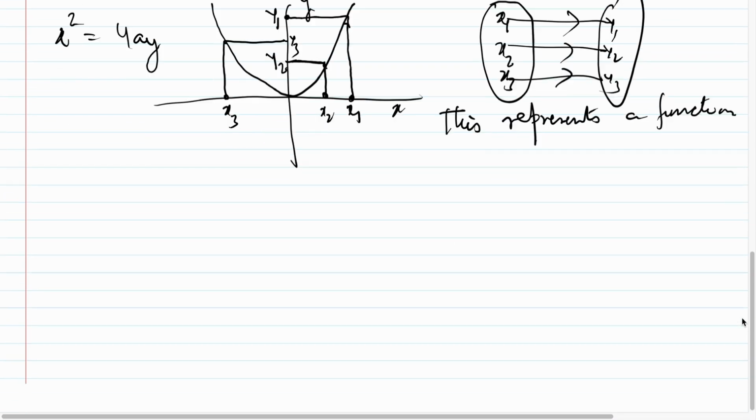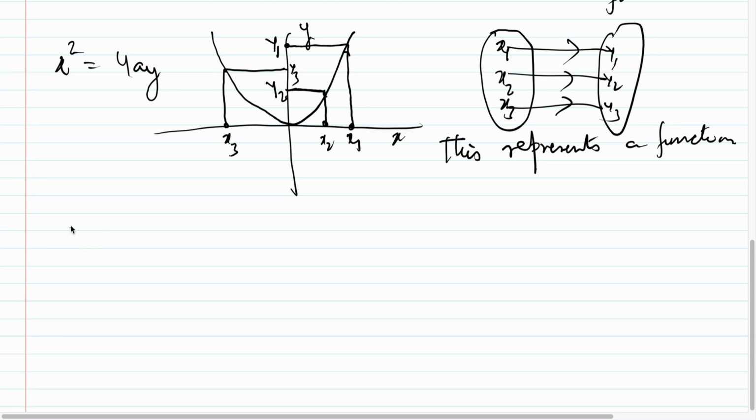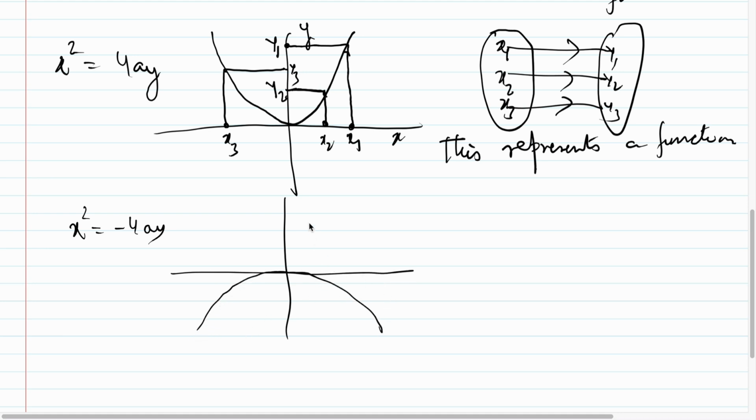Similarly, for x square equals to minus 4ay, the curve is just inverted with respect to the x-axis, like this. This is your y, this is your x. Again, for each x, there is only one y.